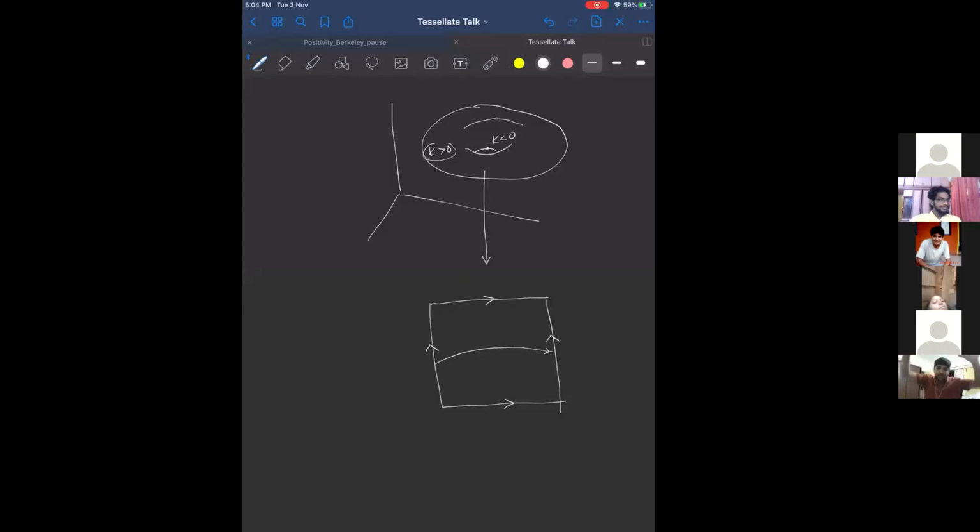And then you take the cylinder and identify its circular caps, right? That would give you a torus. Now this is a region in the flat plane, right? So this clearly has a flat geometry. I don't want to use the word metric, but flat geometry.